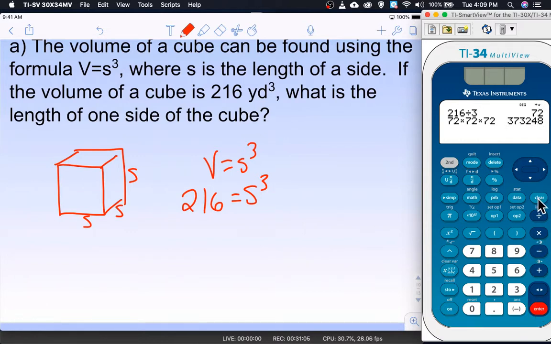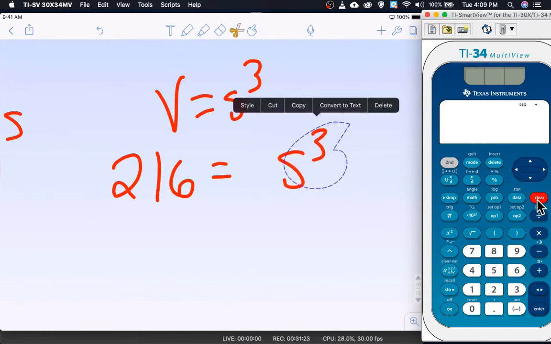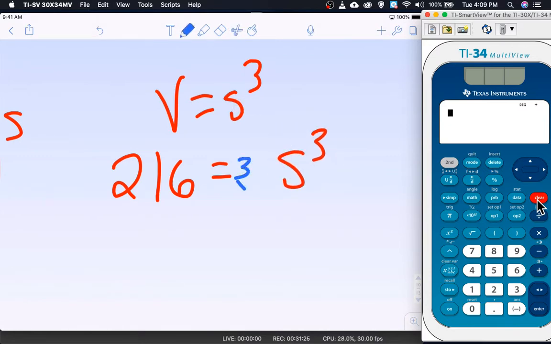Dividing by 3 and cube rooting are not the same thing, just like dividing by 2 and square rooting are not the same thing. So we actually have here a little equation. If I solve this equation to get the S by itself, I would need to cube root each side. If I cube root here, this cube root and that cube cancel. I have S equals.